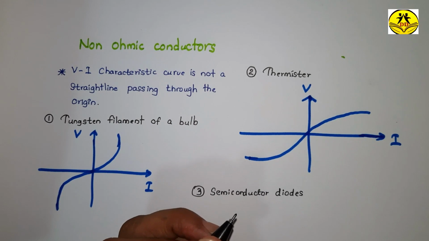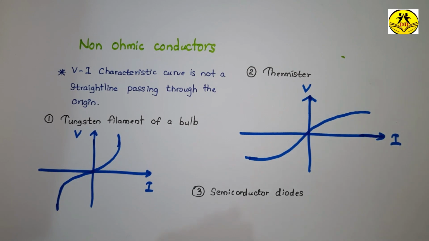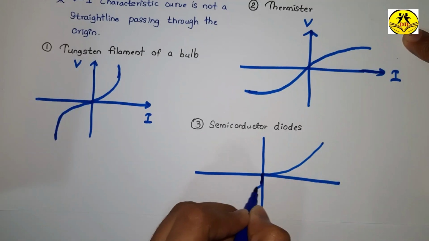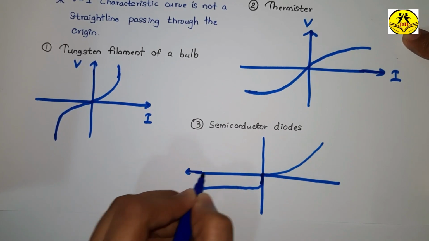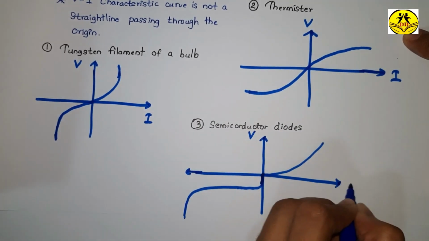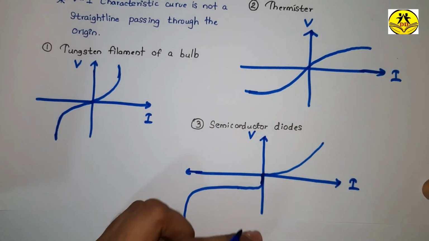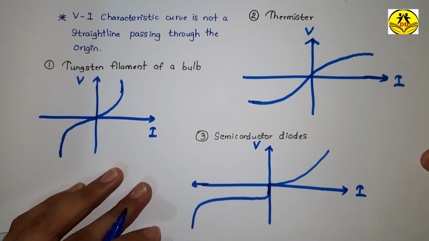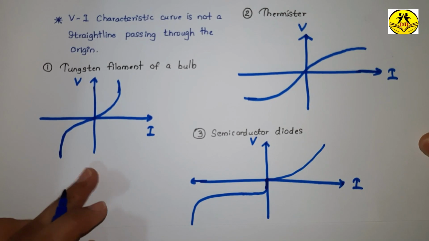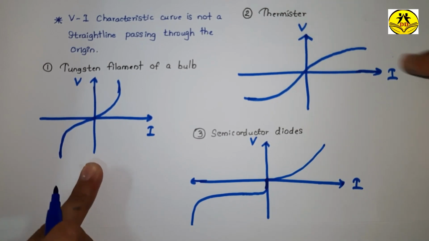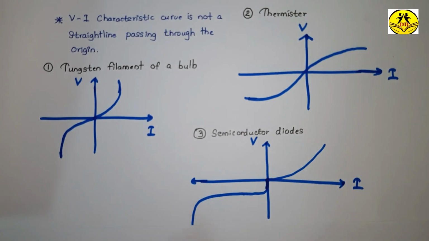The VI characteristic curve for semiconductor diodes is like this. You should remember these three examples for non-ohmic conductors: the VI characteristic curves for the tungsten filament, thermistor and semiconductor diodes. There are questions from these.